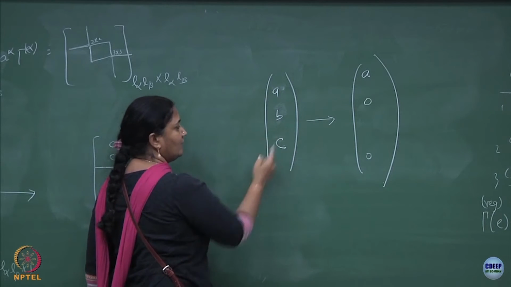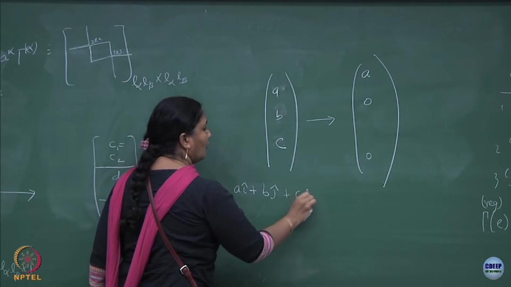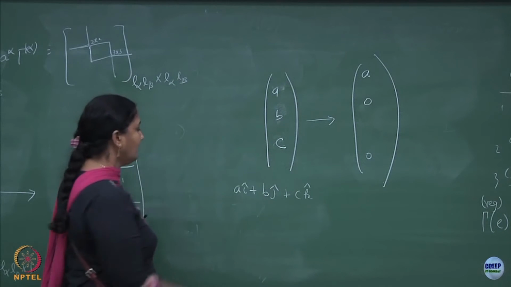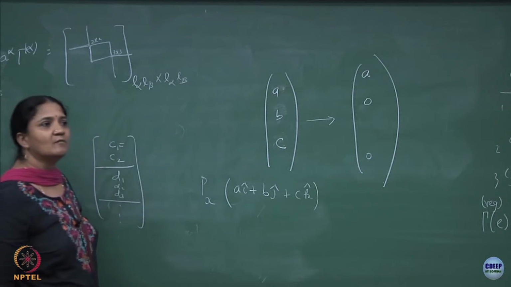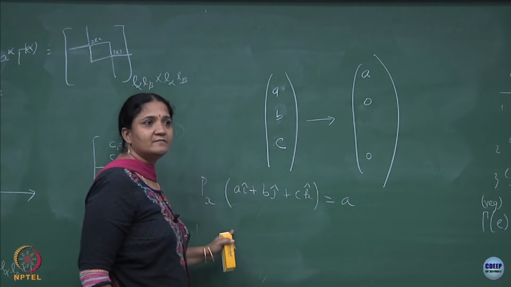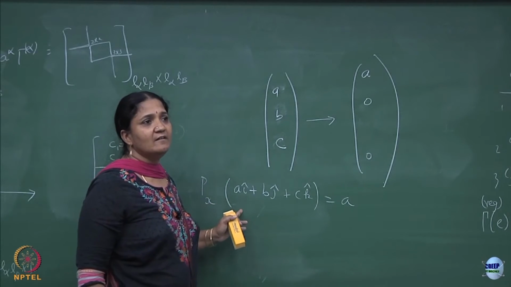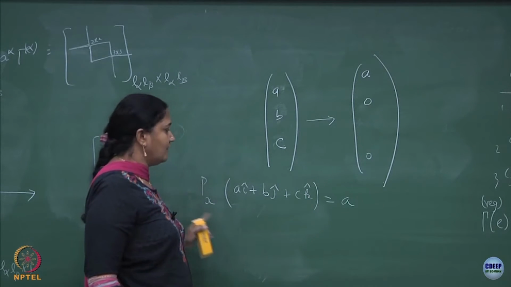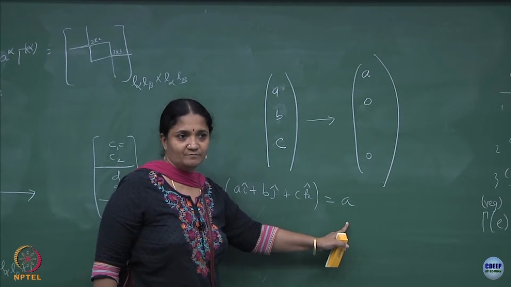It has a component A along i hat, B along j hat and C along k hat. This is the meaning of writing it in this column. And if I want to find the projection operator along X, what is the answer you will get? You have to get A, right. Projection operator is basically taking a dot product; i dot j is 0, i dot k is 0. So, you will get the component A.